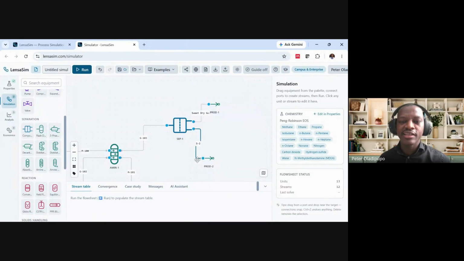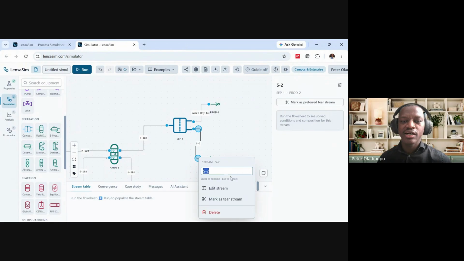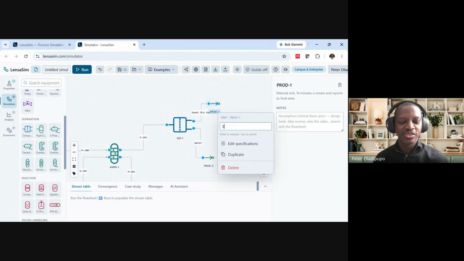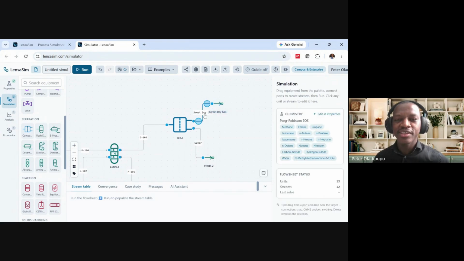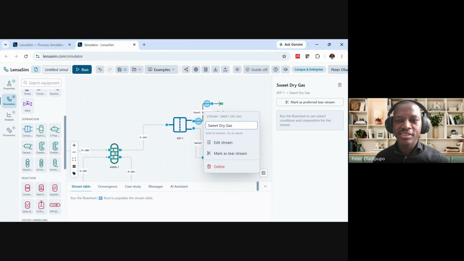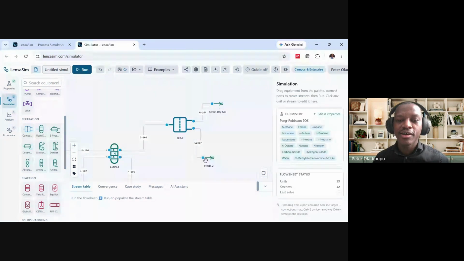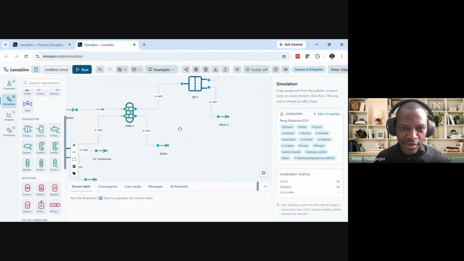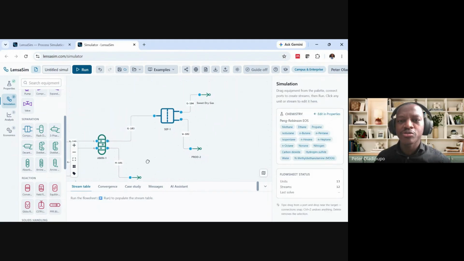So sweet dry gas, and this would be the water, we'll just call it water. Oh, sorry, I was naming this. So this sweet dry gas, we're going to name this stream G104, and the water stream W102. I think we have W101 already, so call it W102.